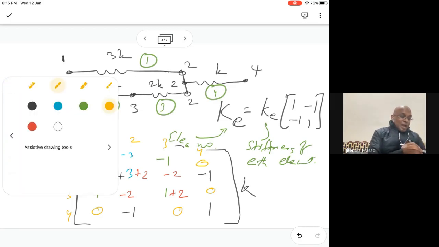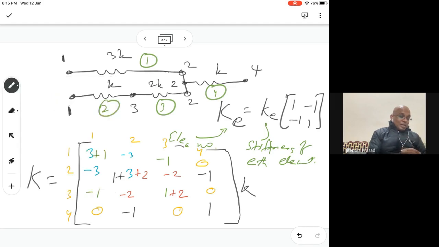Now we can just add them up. What do we get here? 4, minus 3, minus 1.